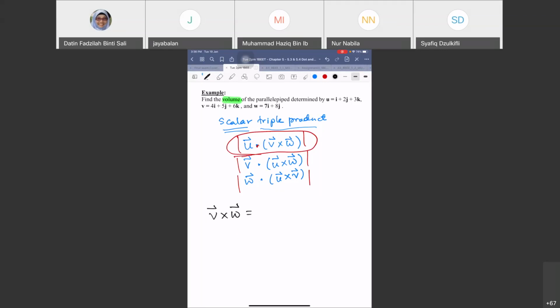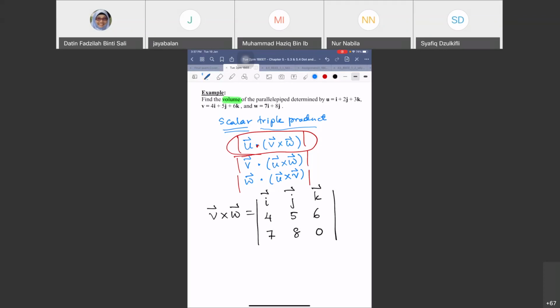Again, i, j, k. V is 4, 5, 6, W is 7, 8, 0, because there is no K there. W is 7i plus 8j, that means 0 for k.